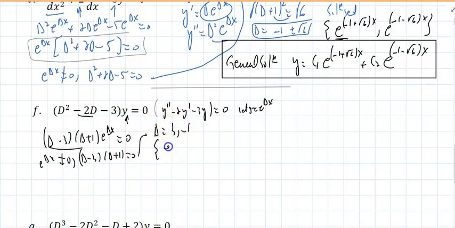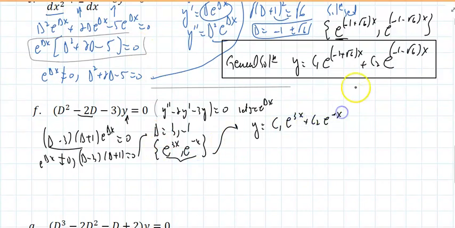So the solution set is e to the 3x, e to the negative x, and the general solution is y equal any multiple of those. So c1 times e to the 3x plus c sub 2 e to the negative x.